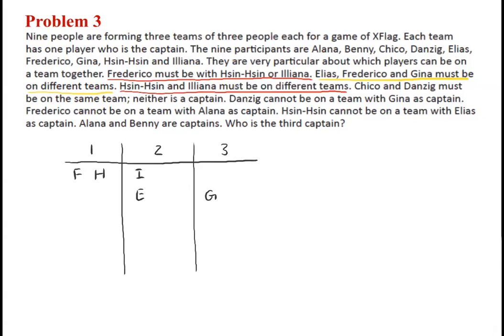Then the next condition says that Chico and Danzig have to be on the same team and that neither of them are captain. Remember that each team can only have one captain. So if we have to put Chico and Danzig together, then that means they can only go in team 3 because team 3 is the only one that has enough room for them in this scenario.